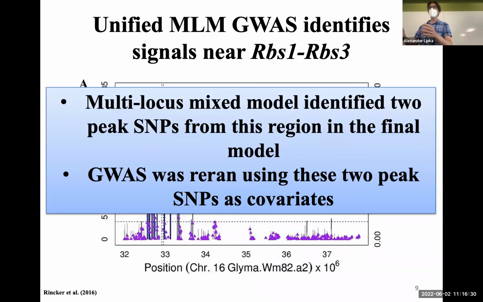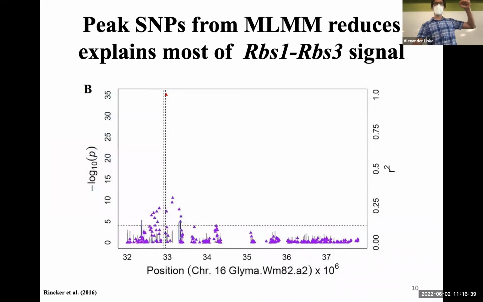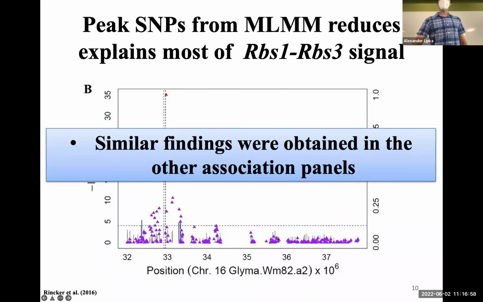The underlying rationale is that these 2 SNPs can account for the peak association we're seeing around this X coordinate of 33. And what we saw was that these blue lines are no longer there after we account for those peak SNPs from our multi-locus mixed model. We have found similar findings in further association panels.